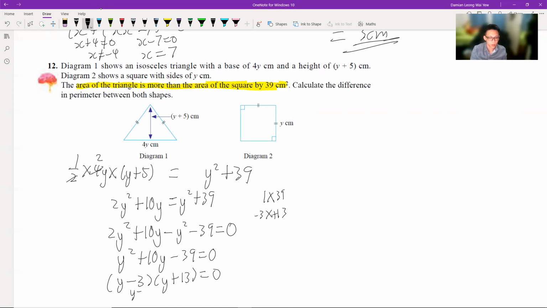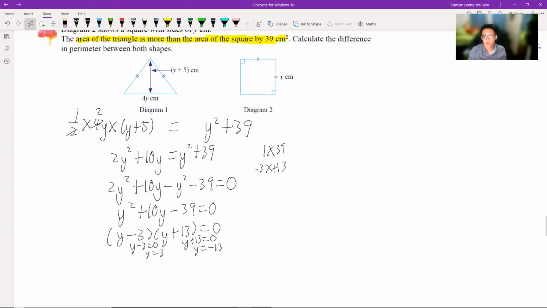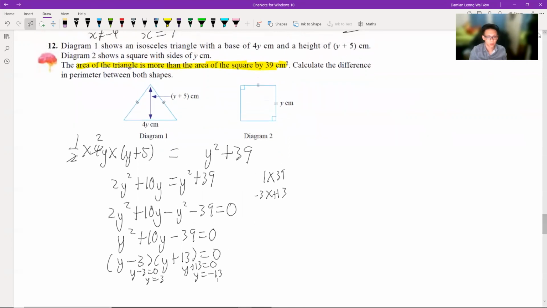Either y minus 3 is 0, which means y is 3, or y plus 13 is 0, then y is negative 13, which is not possible. Y cannot be negative, because y is a length, so there can never be a negative length. So y must equal 3.